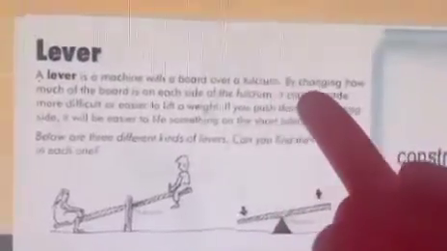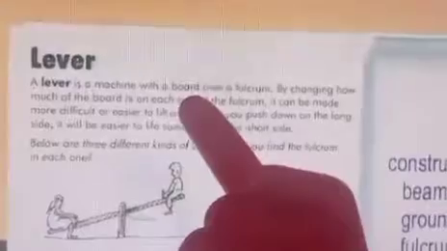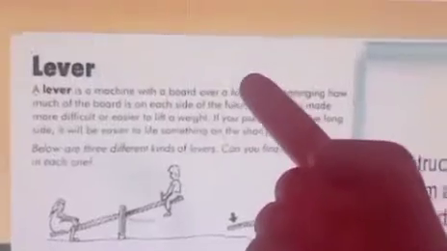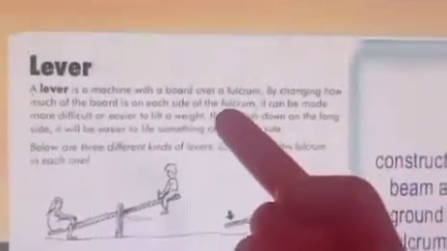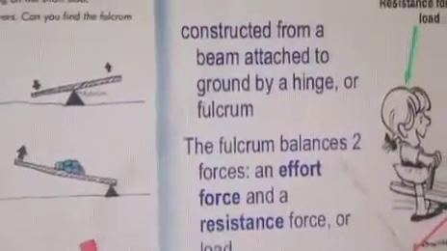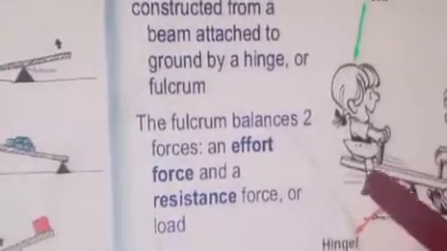By changing how much of the board is on each side, the fulcrum or the pivot maintains the balance of the board. If the weight is equal, you realize that the board will be balanced or straight.